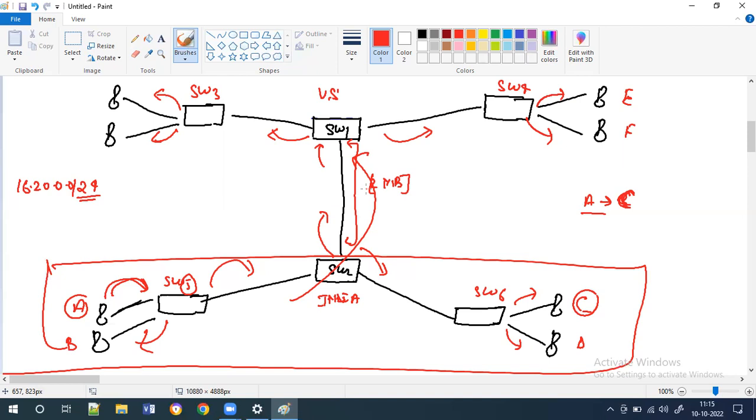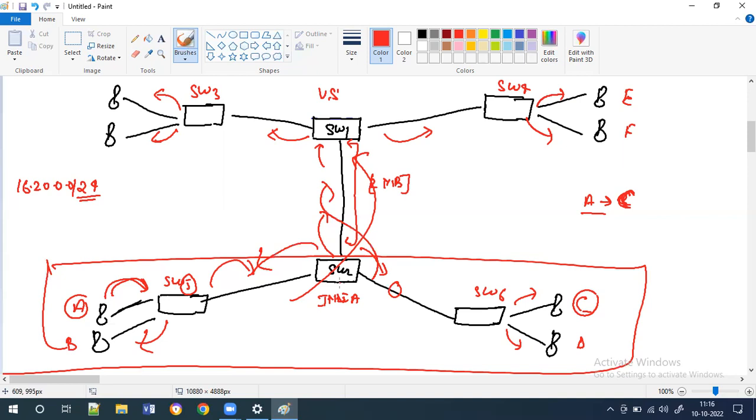What is the advantage with the LAN connectivity? If you remember, switches have multiple collision domains and a single broadcast domain. The broadcast which is coming on this interface is going everywhere. The router is a member of separate collision and separate broadcast domains.